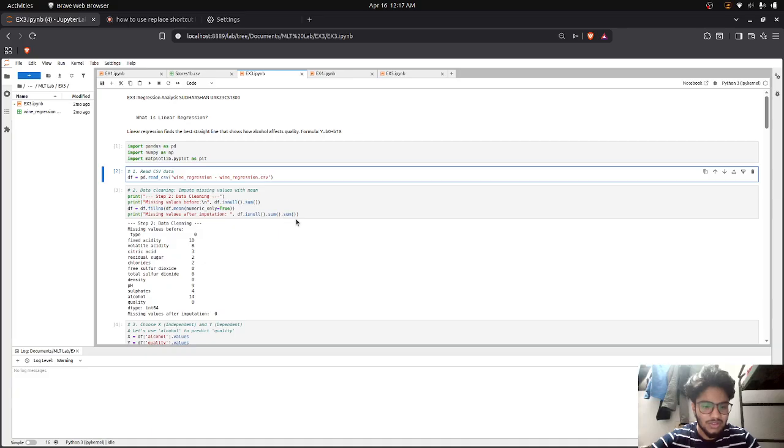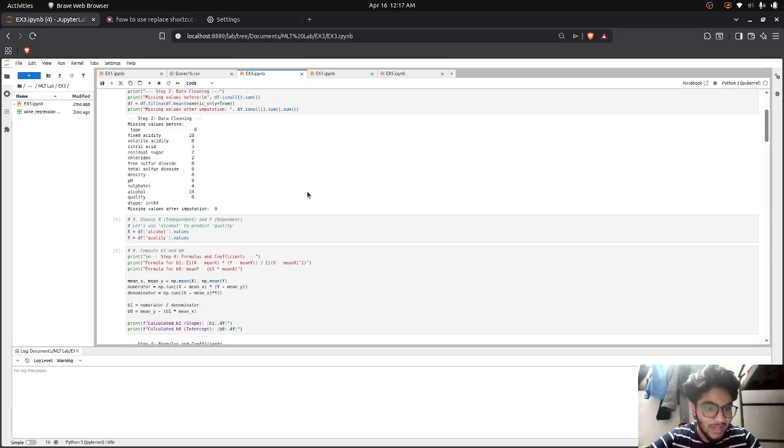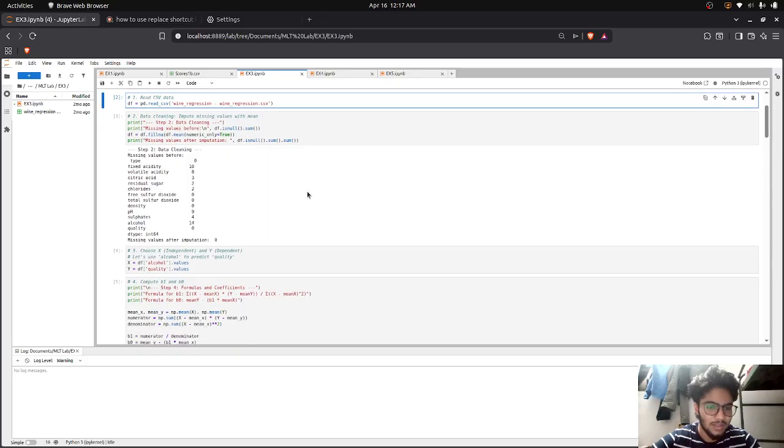The equation is like the slope equation. We first load the data set, and second, we handle the missing values. That's an important thing, to fine tune our data set, which we learned in the first experiment, data handling.